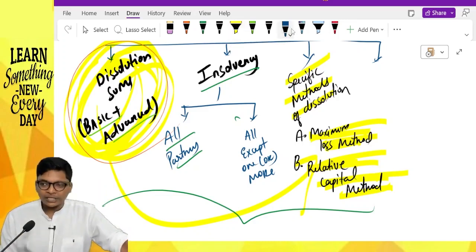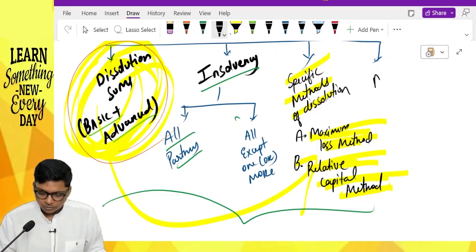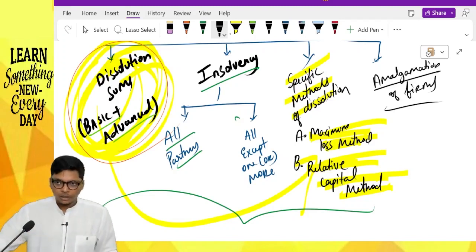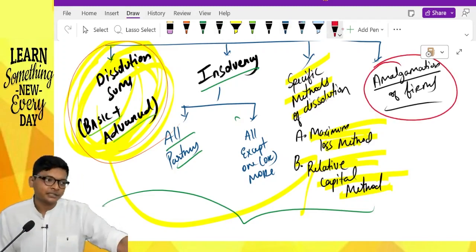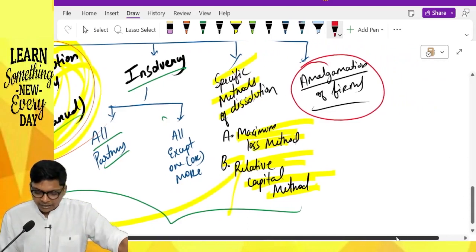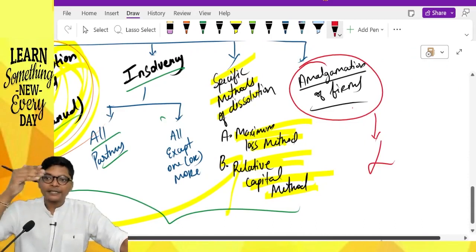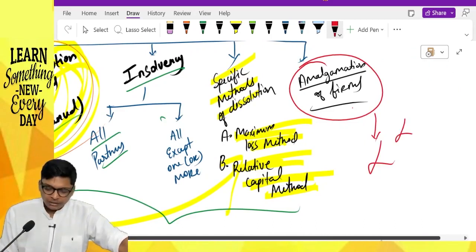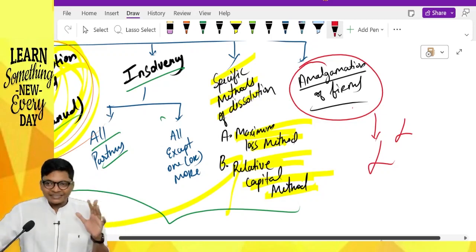Then there is one more unit in your study material, a separate unit called amalgamation of firms. This is a separate bucket. Anybody watching the recording, this chapter is there even in your new syllabus. Do not attend this part, amalgamation of firms, especially recording students, if you have not studied the amalgamation chapter, because it's the same.